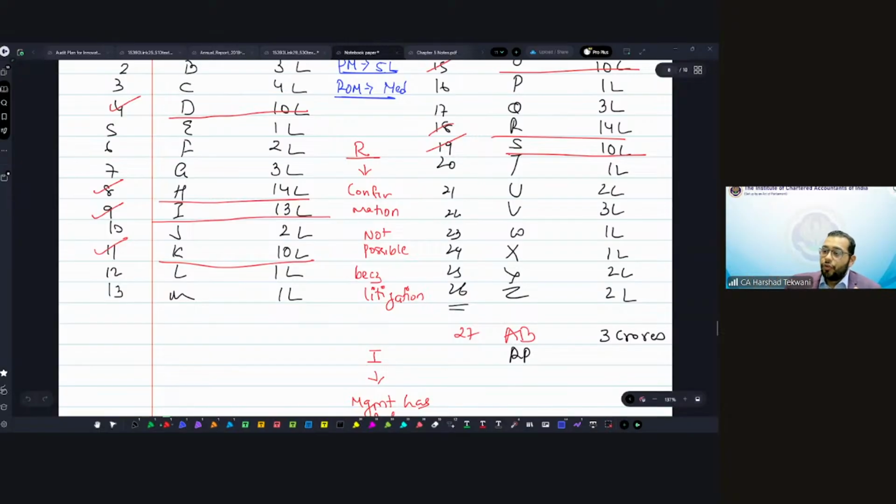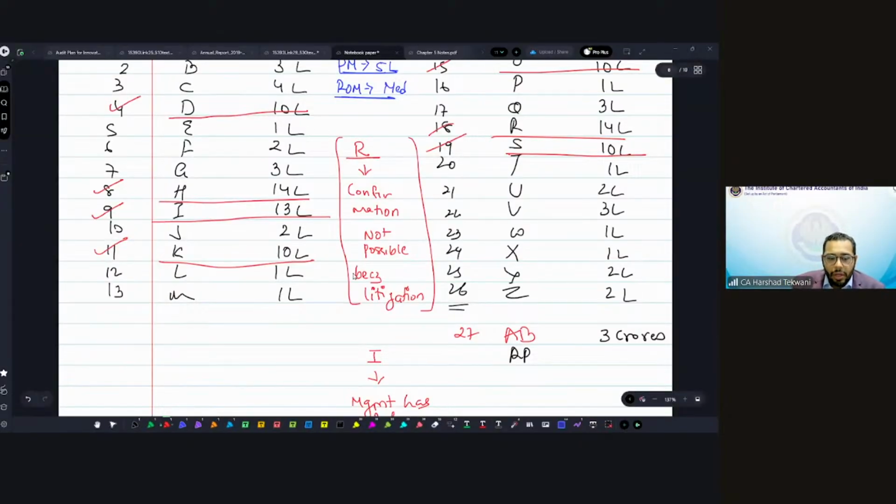But if there is an audit sample where the procedures are not applicable, in that scenario, it will call for a replacement. Here, confirmation is not applicable because of the litigation.